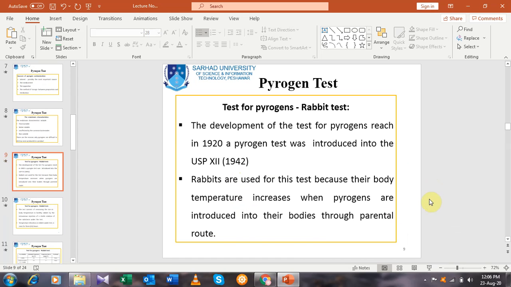Now we will discuss the pyrogen test, that is the rabbit test, which is performed on rabbits and is also termed the rabbit test.